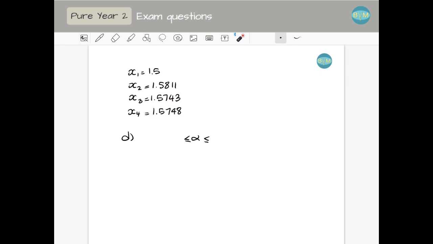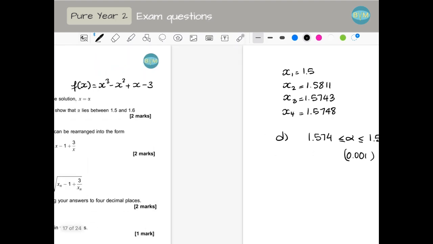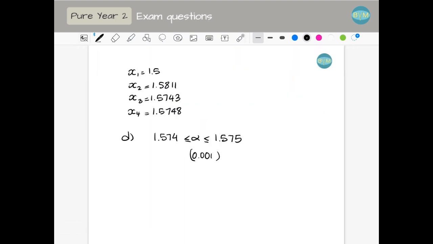My root is going to be between 1.574 and 1.575. Because the difference between these two, the width of the interval, is 0.001, that's what they ask, with two zeros. And I know my solution is between these two values. Yeah, this is it.